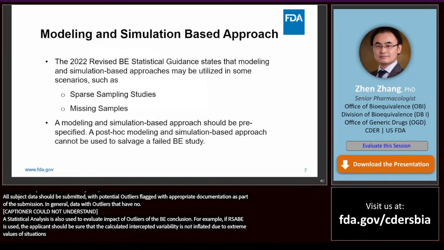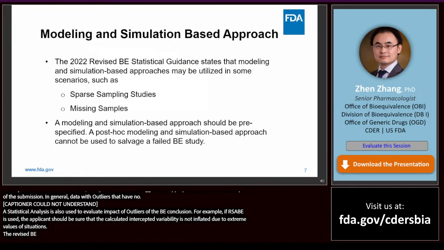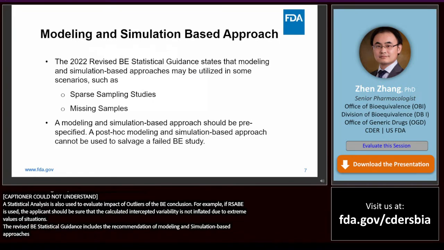The revised BE statistical guidance includes the recommendation of modeling and simulation-based approach. It states that modeling and simulation-based approaches may be utilized in some scenarios, such as sparse sampling studies or missing samples. A modeling and simulation-based approach should be pre-specified.